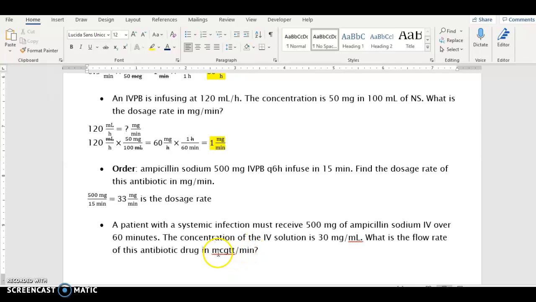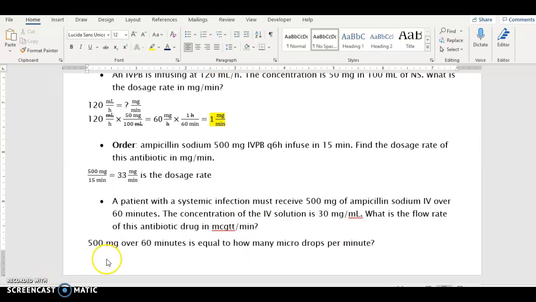Remember, MC means micro, and GTT stands for drops, so MCGTT stands for micro drops. We have 500 milligrams over 60 minutes, the amount of the drug the patient will receive, and it is equal to how many micro drops per minute.